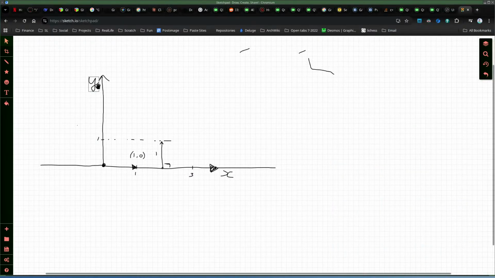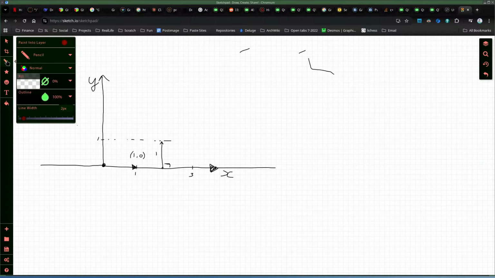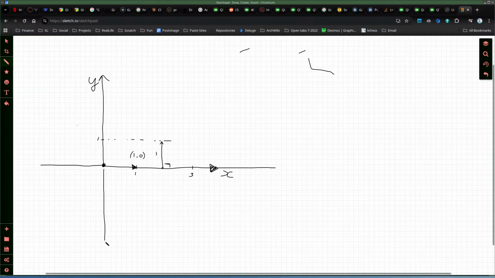But in our case, the y-coordinate is pointing down. So actually, we have it mirrored. This is the positive y direction. Which means that the 1 here is actually there.